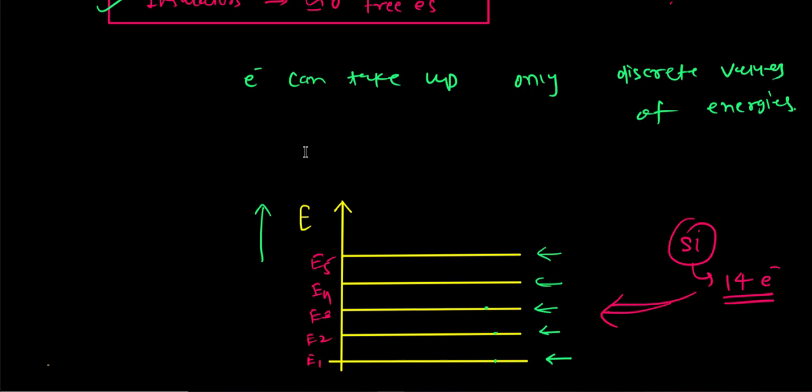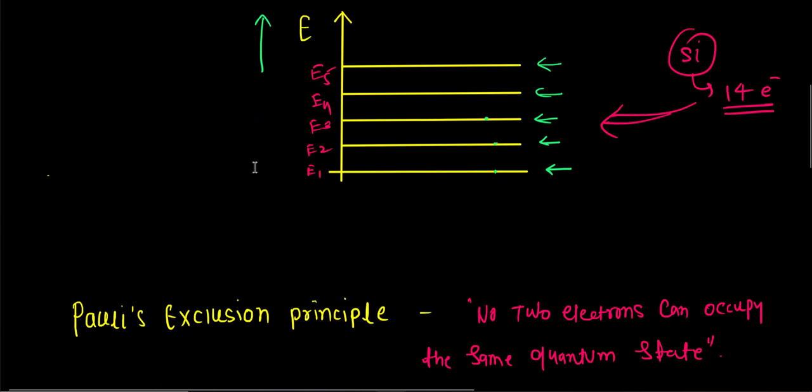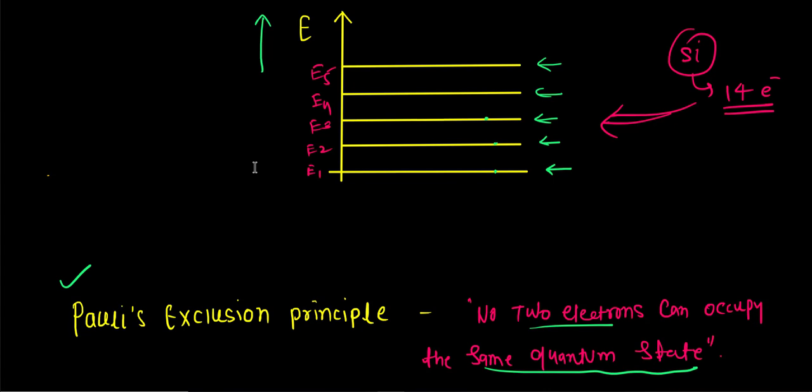This is the number one fact. And there is a rule, which we also call Pauli's exclusion principle. Pauli's exclusion principle states that there cannot be any two electrons which occupy the same quantum state, okay?